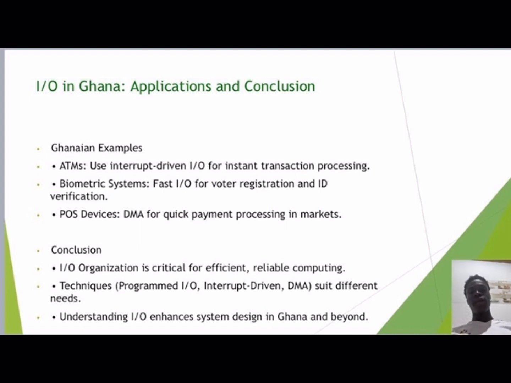And the last one is point of sale devices, which are normally shortened as POS. This uses DMA for quick payment processing in markets. The full meaning of DMA is direct memory access.